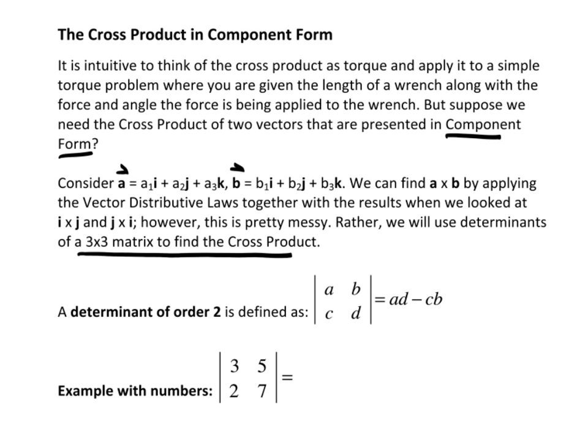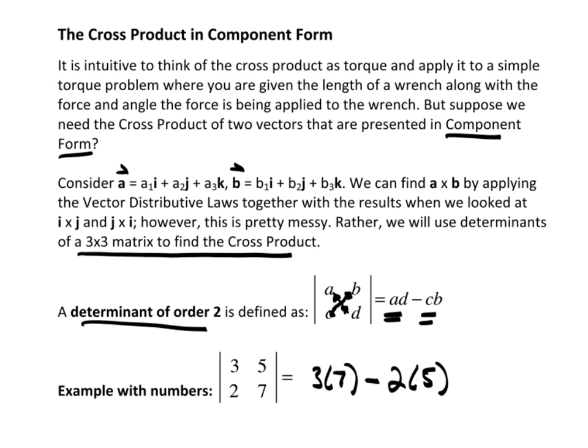So let's start off with the idea of a determinant of order 2. This is a 2x2 matrix. So all a determinant is, is a cross product. If I take A and multiply by D, multiply these guys together, I get A times D, and I subtract these two, which is C times B. So in the example with numbers, if I want to find the determinant of this 2x2 matrix, I would take 3, multiply it by 7, and subtract 2 multiplied by 5.